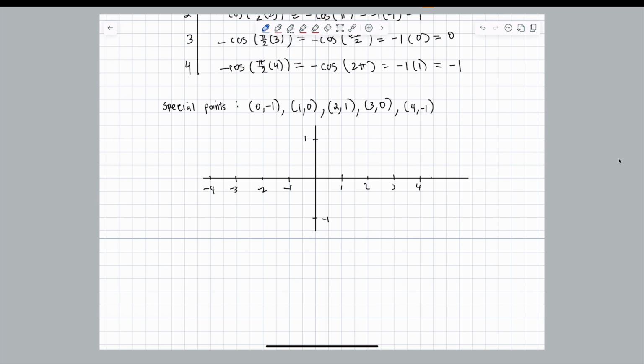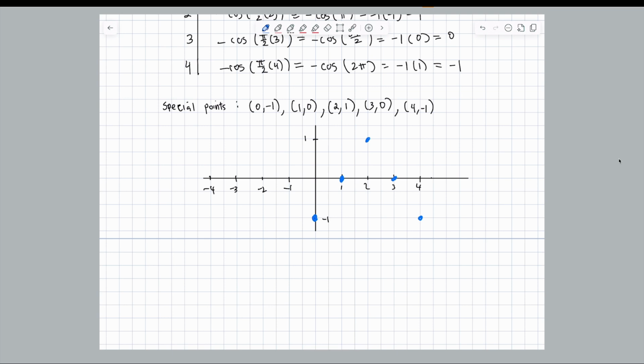Our first point is at (0, -1) down here. And then we have a point at (1, 0), then (2, 1), (3, 0), and (4, -1).